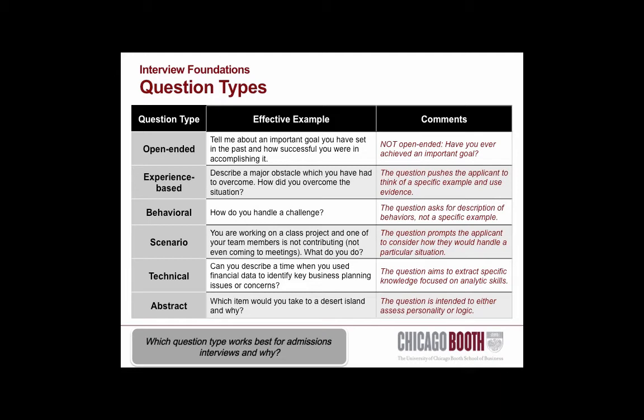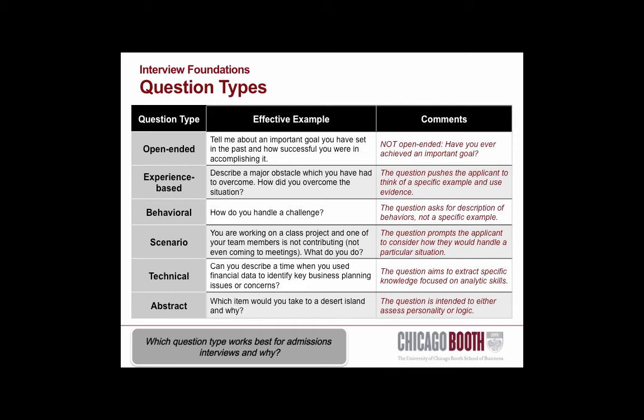It doesn't necessarily drive them towards offering a specific example. Now, some candidates may proactively give a specific example, but the behavioral question, the way that it's asked, is really a bit more about describing style or approach or process. So that's something to keep in mind.